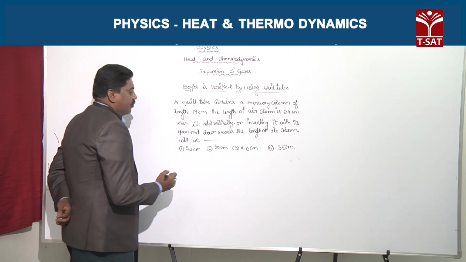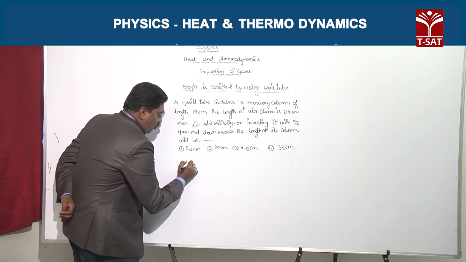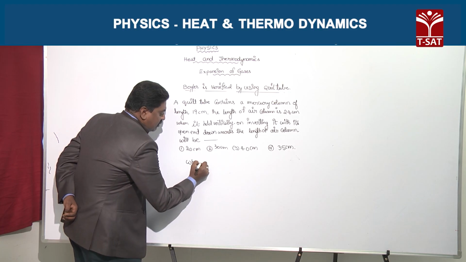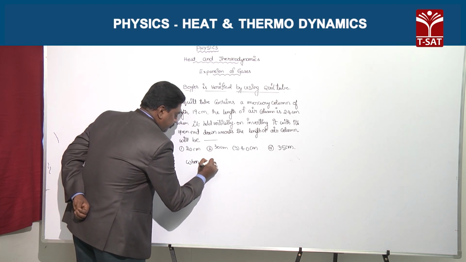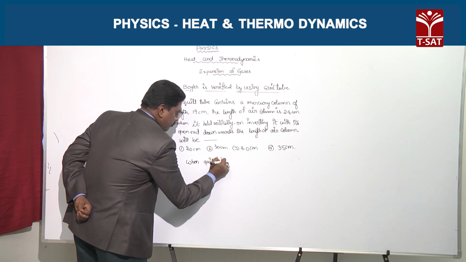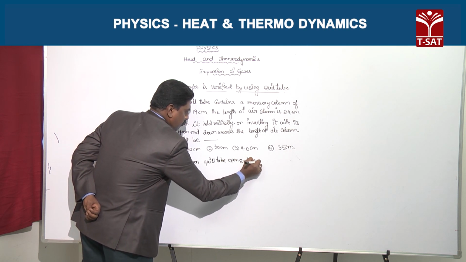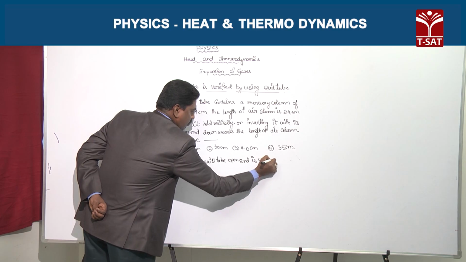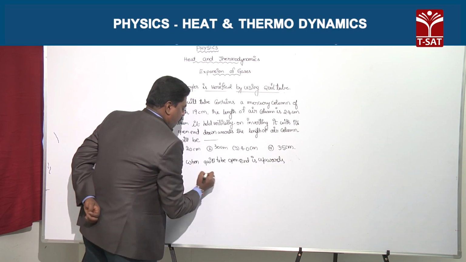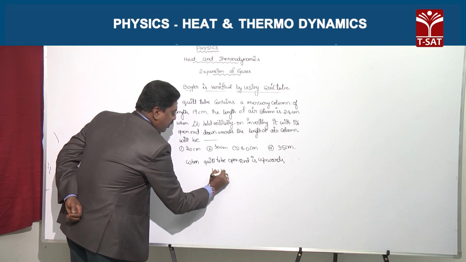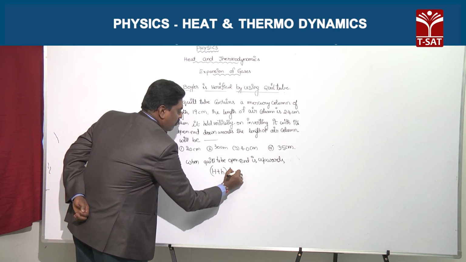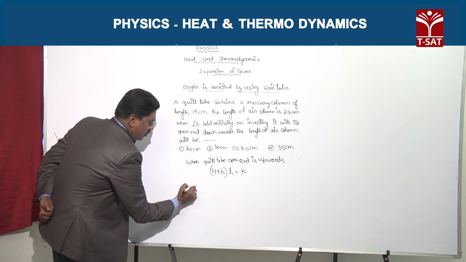Now let us see what happens. When the quill tube's open end is upwards, we have H plus h into L1 equal to constant.